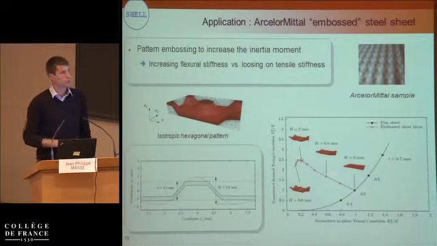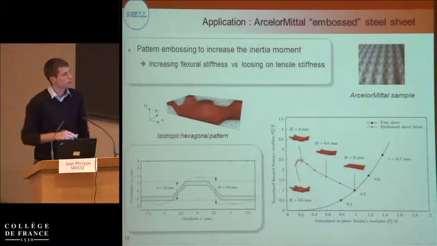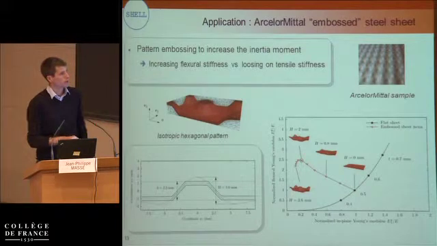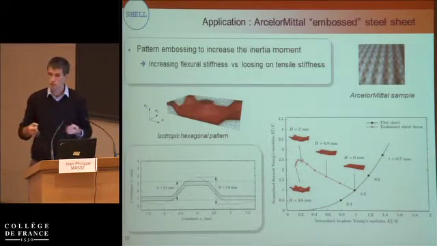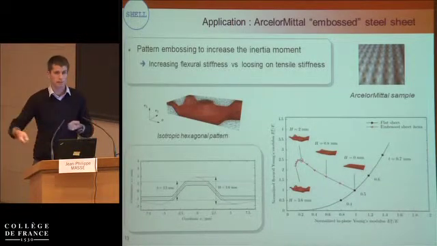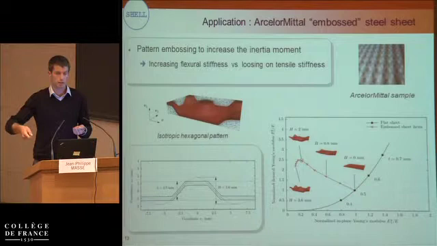We increase the embossed height, and so here we can compare with a given straight sheet. Starting from here, we increase the corrugated height, and we have an increase of the flexural modulus because of inertia, but we lose in the tensile in-plane stiffness.